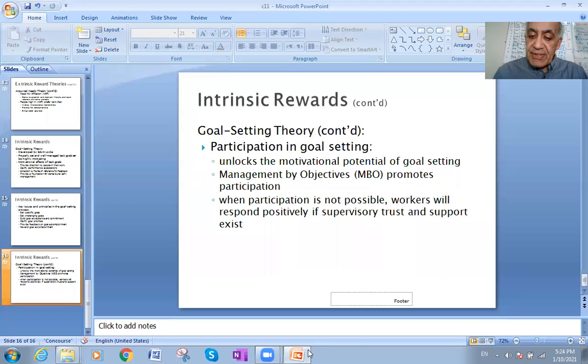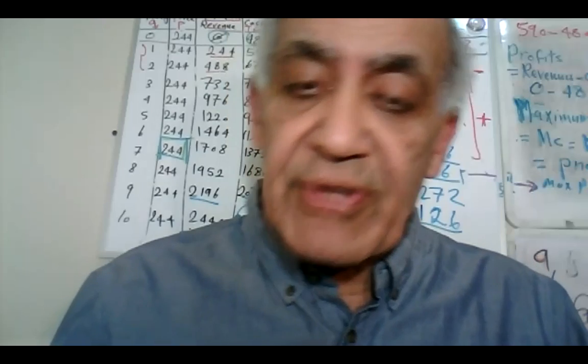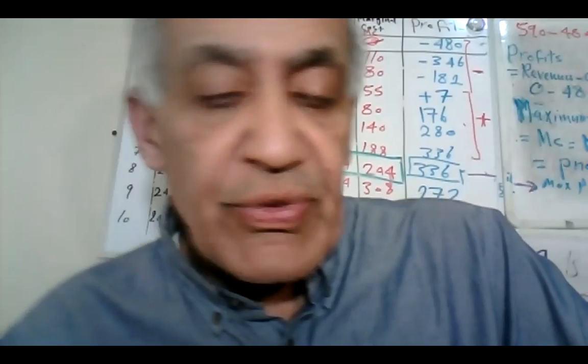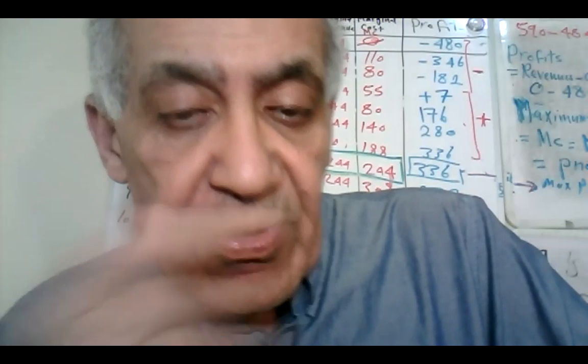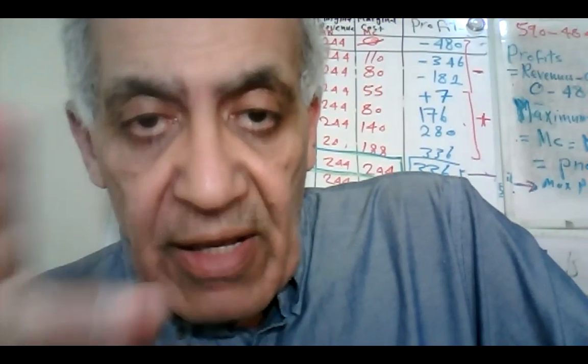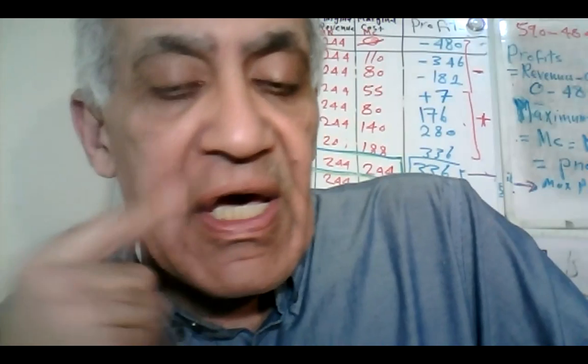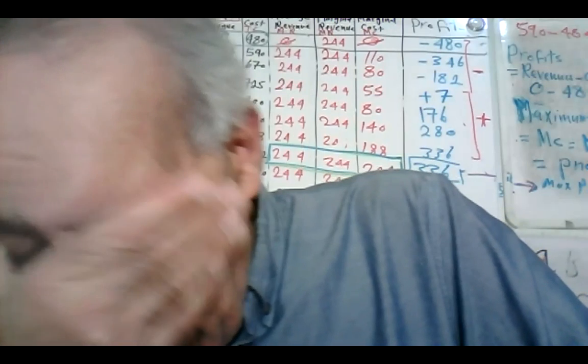The first theory is Abraham Maslow's theory, and we talked about Abraham Maslow before when we were talking about motivation. And the second theory is Frederick Herzberg's, and we have the hygiene factors and the motivating factors.